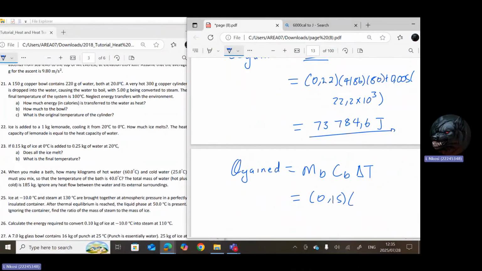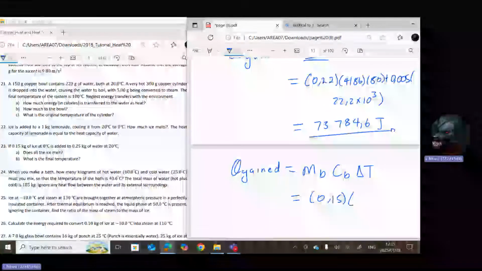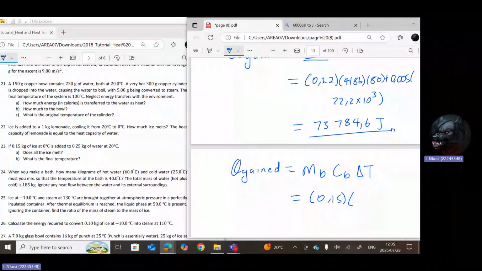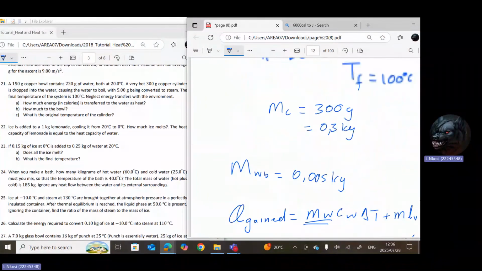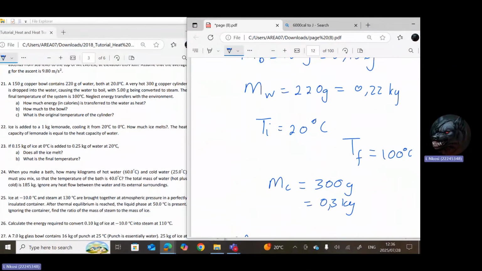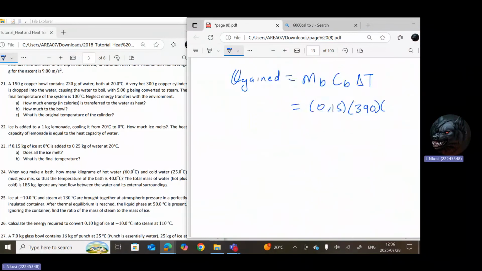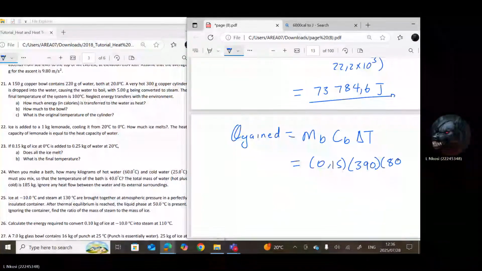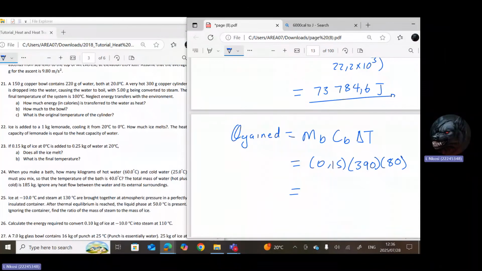Specifically it's copper, it's 390. And the temperature of the bowl changed from 20 to 100, so it's 80. But the bowl did not change phase, so all this is 0.15 times 390 times 80.